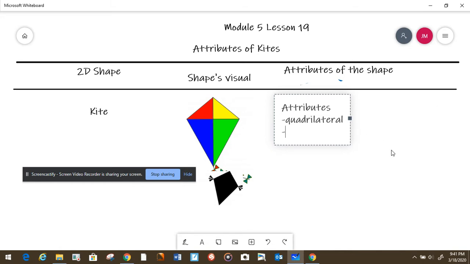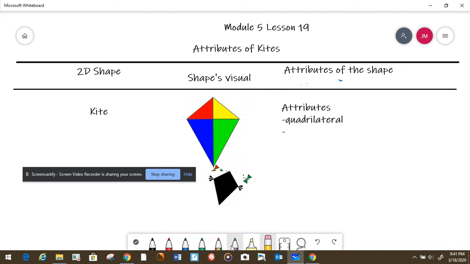Well, here are the most important attributes of a kite. Let me point them out to you. Let me label the segments. It's going to be a lot easier if I label it. You can label it however you want, but this helps a lot.